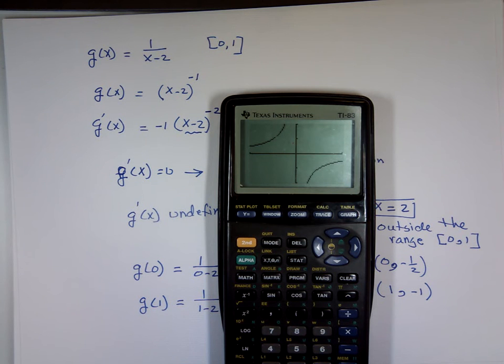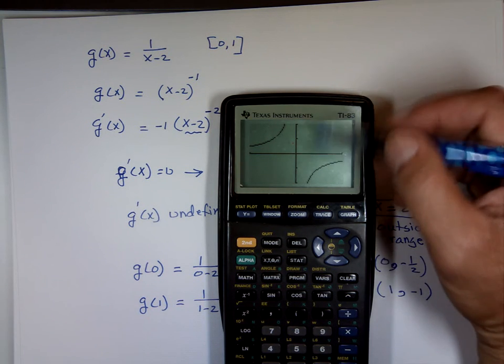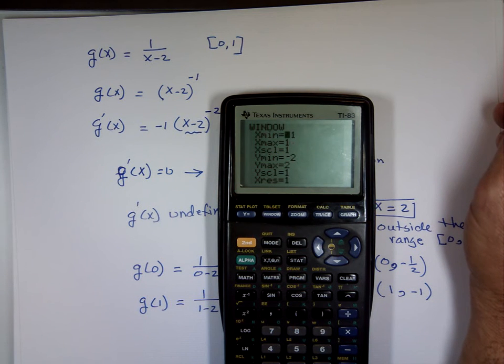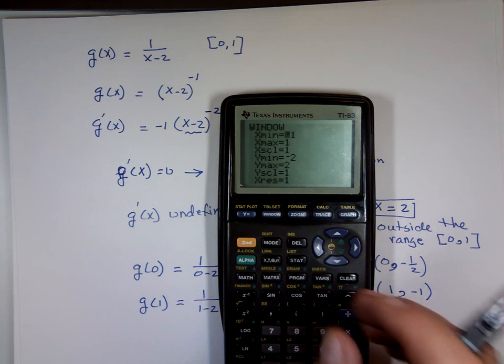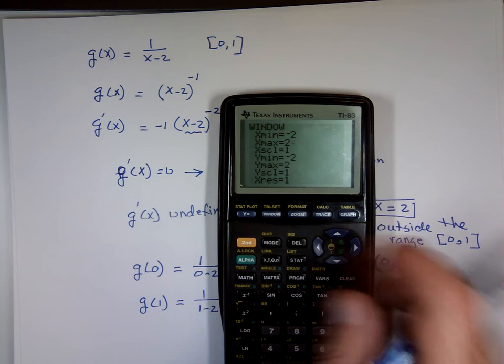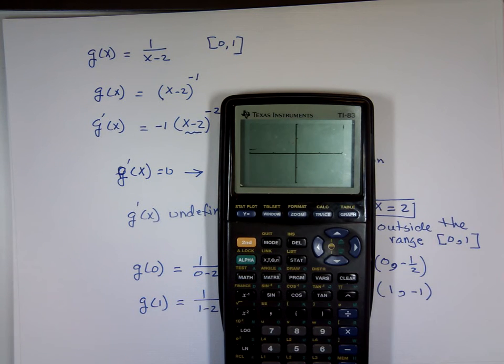Oh, you know what? One over x minus 2. That's not the y-axis. Can't be the y-axis. X min, x max, minus 2, minus 2. That should be y equals to 2. That's the vertical asymptote. Something, I didn't type something right, because it's giving me a 0 here.